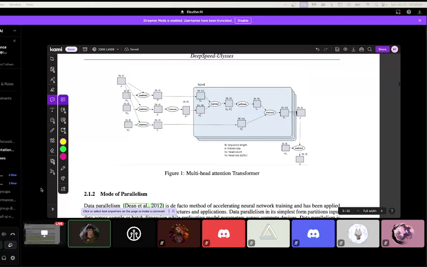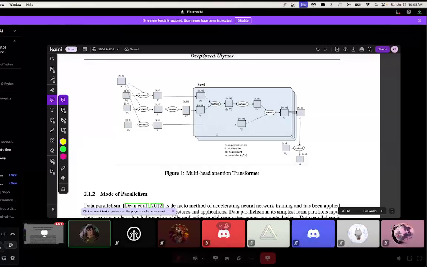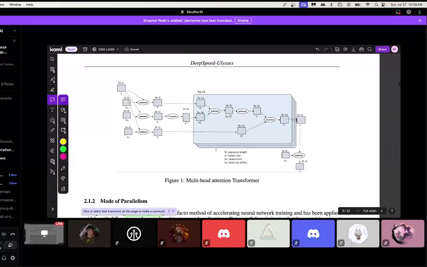That's the gist of this. But the key point to note is that during the attention op, we're sharded on heads. Any questions? I think this is fairly straightforward.